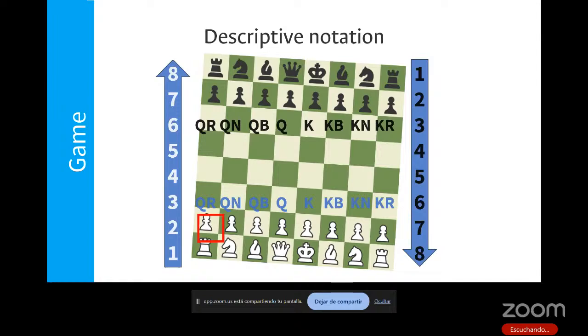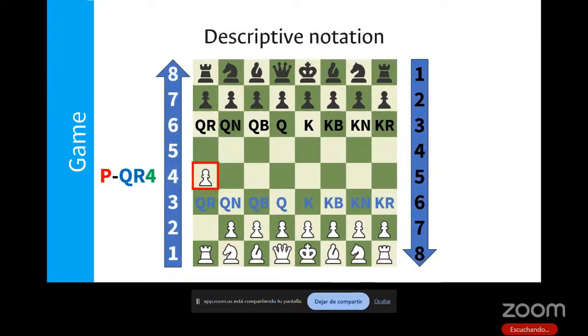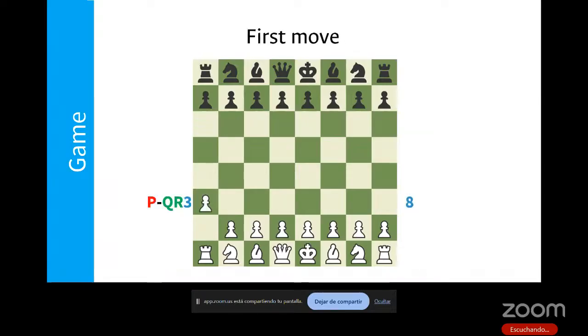For example, this is pawn, queen's rook 4. It means that it is the pawn, the queen's rook column, and row 4. So it is the notation that we are going to use.